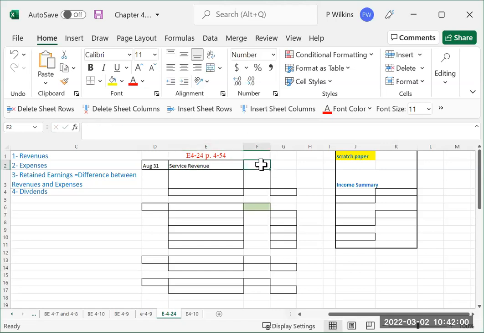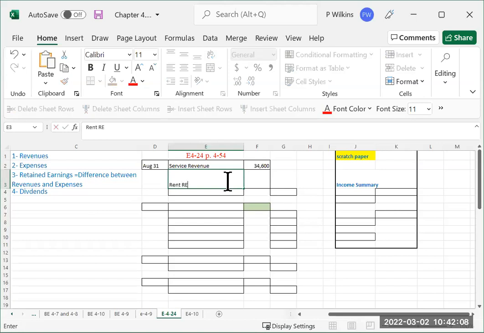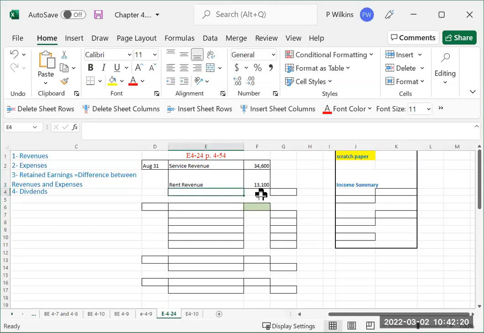And we're debiting service revenue for $34,600, and that's going to clear out that account. And then we have rent revenue, and that account is $13,100. And then we are going to add those two together and we're going to credit income summary.